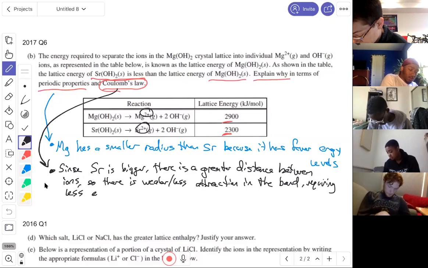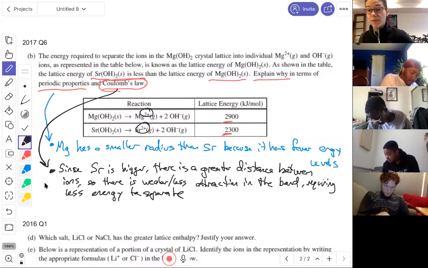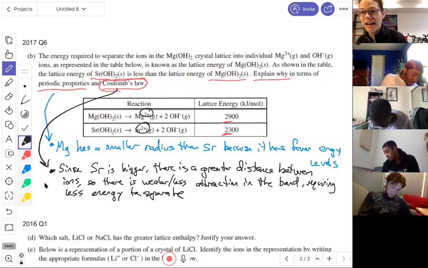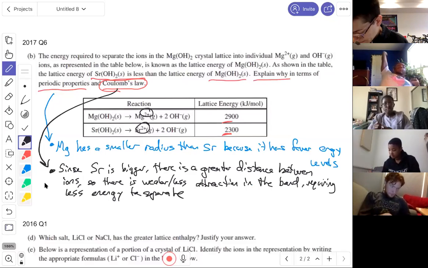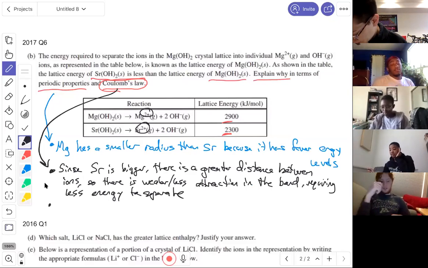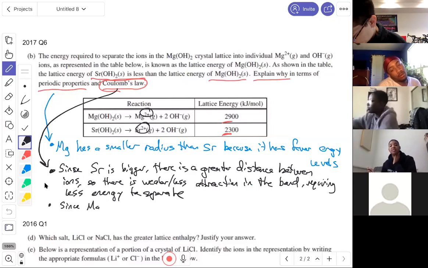Right. Now, you can also answer it from the perspective of magnesium. It doesn't really matter which way you do it because it doesn't technically specify. So if you were going to write it from magnesium's perspective, what would you write? Smaller atomic radius means a smaller distance between the ions, which means there's a stronger attraction in the bond.